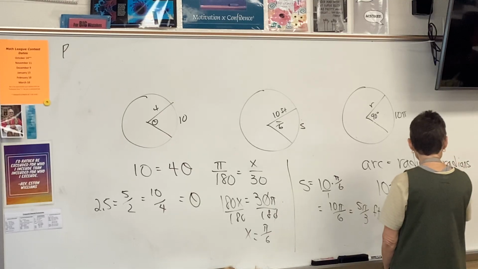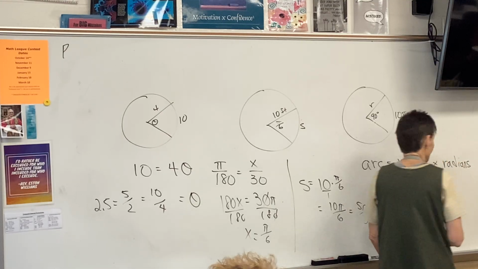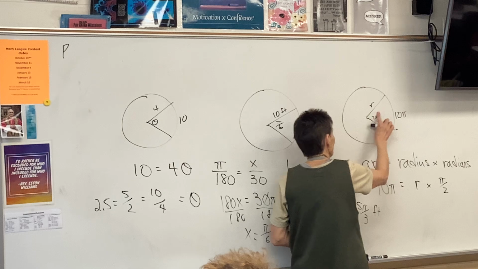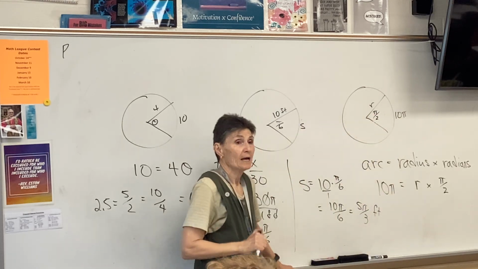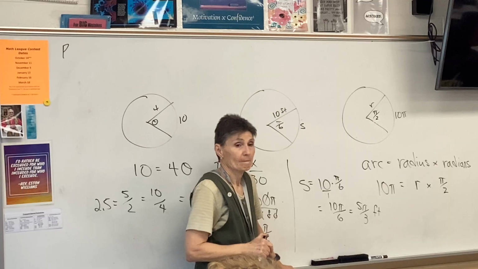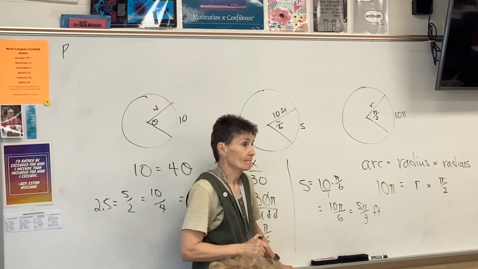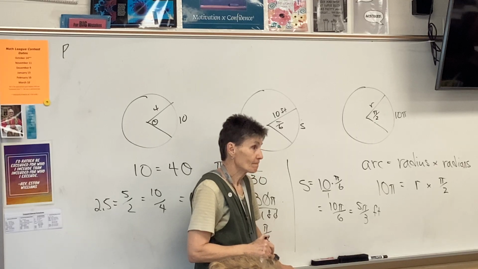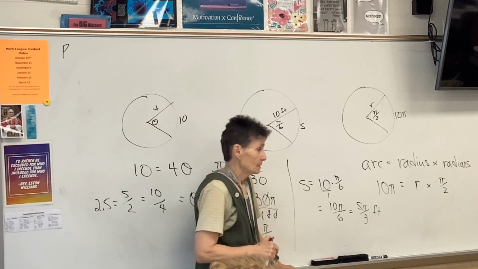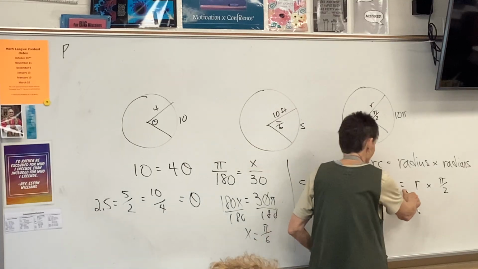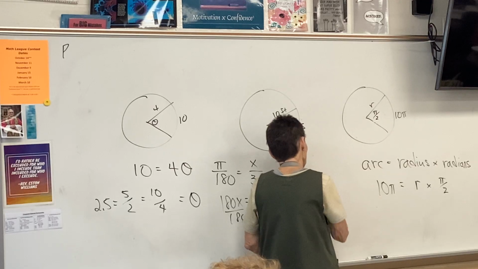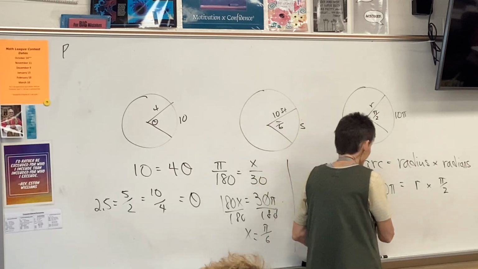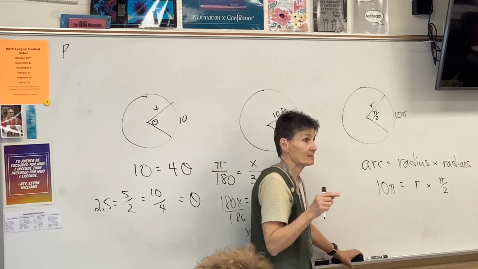Oops, that's a times pi over 2. So I don't want a 90 here. I want pi over 2. Half a pi. Okay? Now, your job is to solve for R. Some of us are a little bit nervous about arithmetic, so let's do this easily.